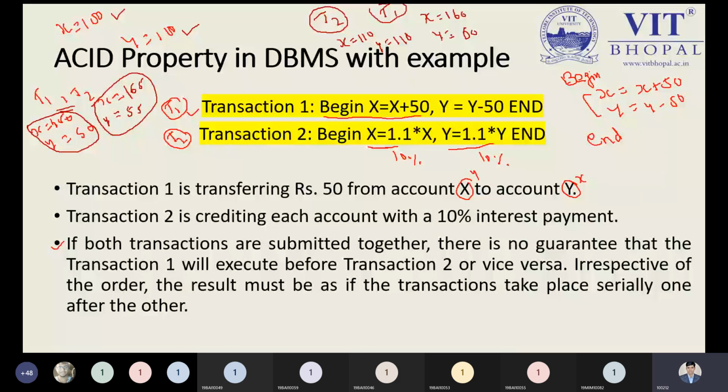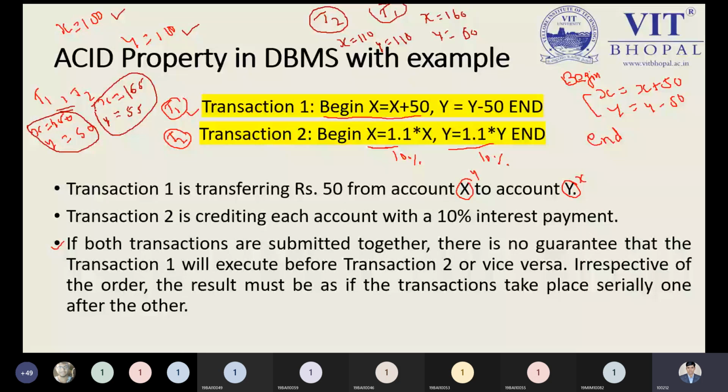Now see the sequence of both transactions, T1 then T2, and T2 then T1. After choosing the different order, finally we are getting different output. So the ACID properties in a database are saying to us that we can perform any transaction with no issue, maintaining atomicity, consistency, isolation, and durability.